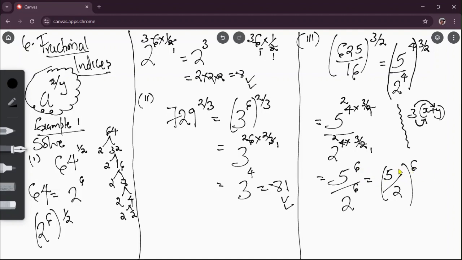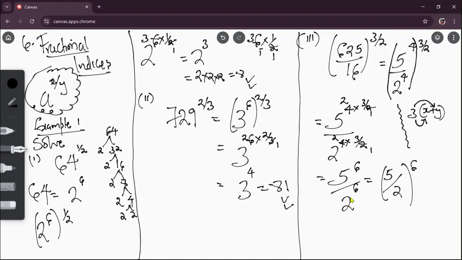This is 6, this is 6, that is why I am taking it outside and remaining with 5 power 1. If it's power 1, I just leave it, because 5 appears once, 2 appears once. So that is what we have for this one. I can leave my answer in this form. It is a simplified way if I want to leave my answer in power form.